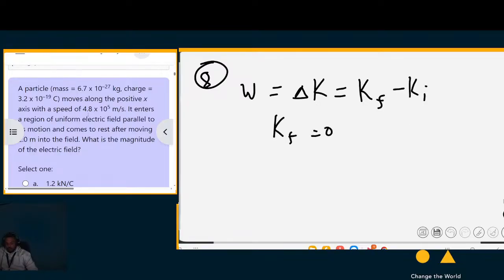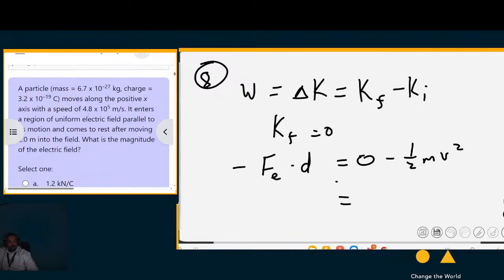The work done by the electric field over a distance d opposes this motion. So the work done by the electric field, that's force times distance, with the force in the opposite direction, is equal to 0 minus a half m v squared. That's the work-energy theorem.